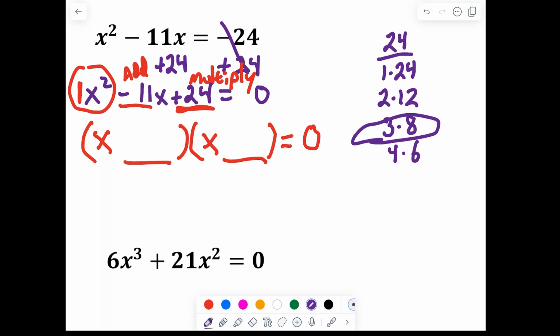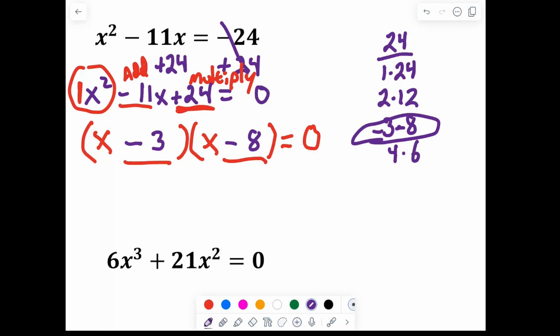One handy thing that a lot of people do is take a look at a factor chart as a quick reference to see what are all the things that multiply up to be 24. That would be 1 times 24, 2 times 12, 3 times 8, and 4 times 6. That's all that your factor chart would tell you. These pairs of factors all multiply up to 24, so which one is going to add up to be a negative 11?